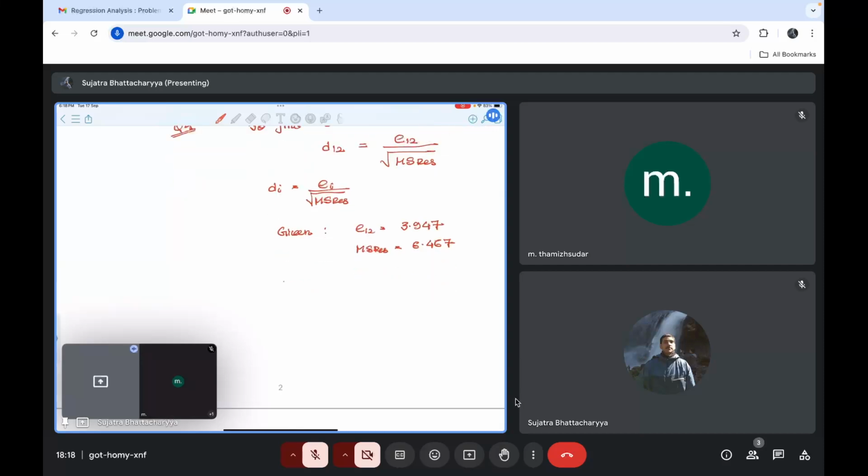Based on that, we can easily calculate D12, which is 3.947 divided by the root of 6.467. The value of the root of MS residual is 2.543. This gives you 1.552. This is the answer. So the 12th standardized residual is 1.552.